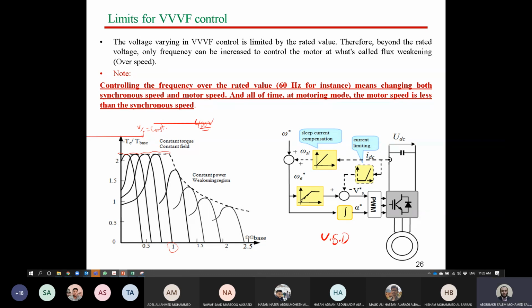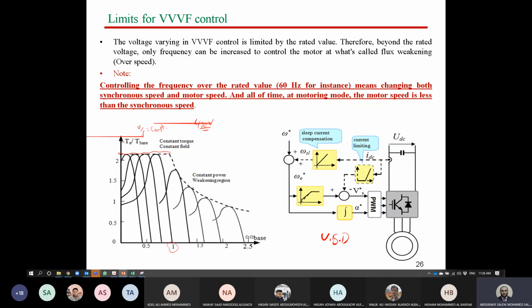So how can we continue the speed control after V rated? Just by changing only frequency. So in the first part here, we apply constant flux. In the second part of control, we apply frequency control only. And if we make frequency control only, this is going to cause flux weakening.